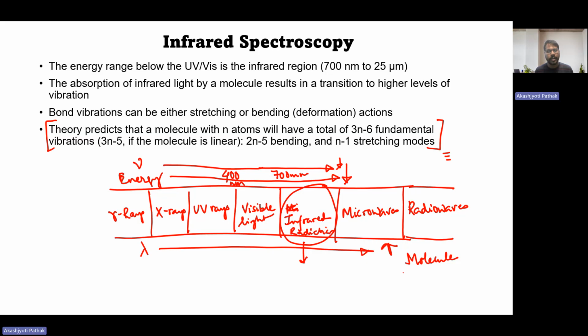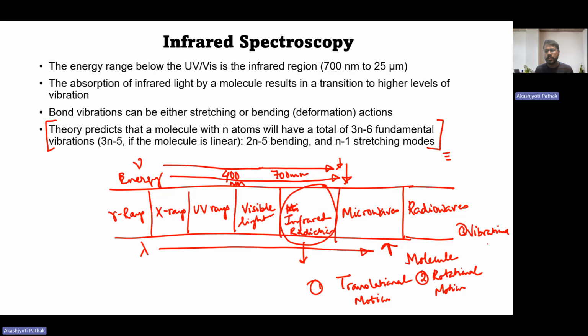have basically three different types of motion. One is the translational motion. Second is the rotational motion, and the third is the vibrational motion.